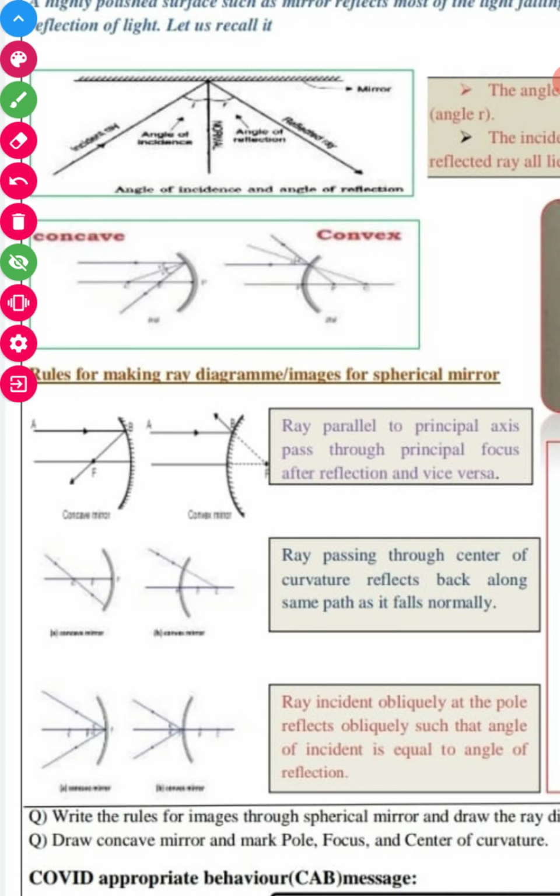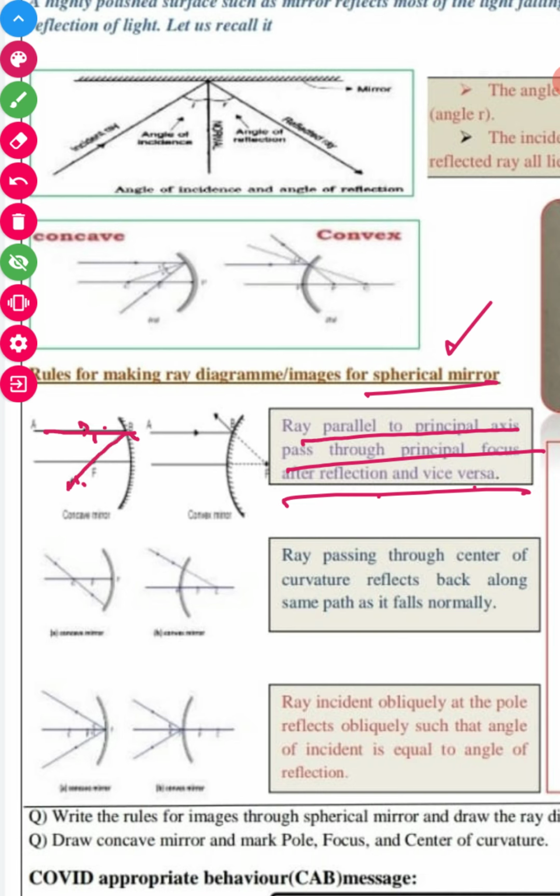Students, the rules to make the ray diagrams are given below. For the spherical mirror, the ray parallel to the principal axis passes through the principal focus after reflection, and vice versa. See this, this is the case of the concave mirror. This ray of light parallel to the principal axis, after reflecting, passes through the focus.